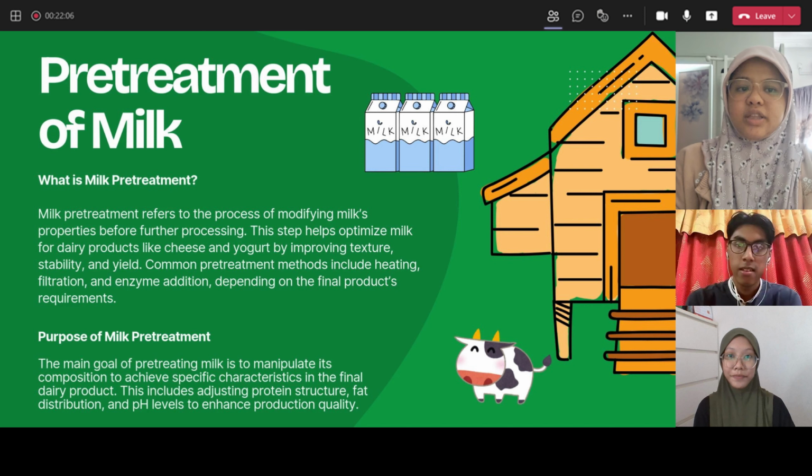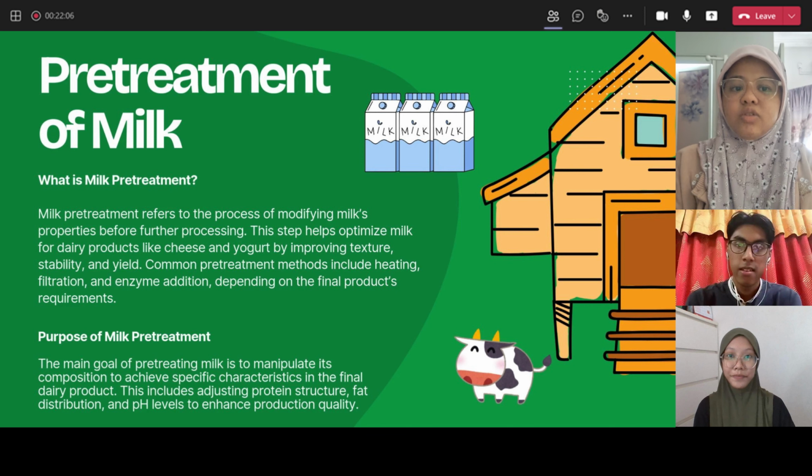Common pre-treatment methods include heating, filtration, and enzyme addition, depending on the final product requirement. The purpose of milk pre-treatment is to manipulate its composition to achieve specific characteristics in the final dairy product. These include adjusting protein structure, fat distribution, and pH level to enhance product quality.